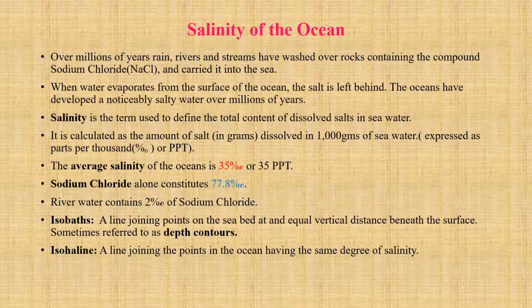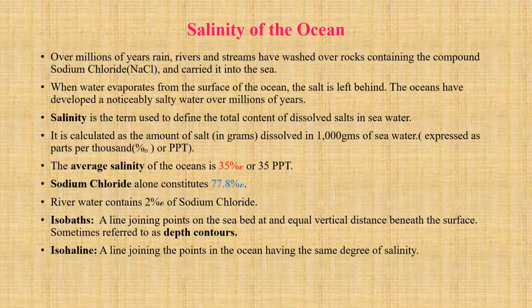Have you observed this symbol? Don't treat this as percentage. It is parts per thousand. So you find two zeros after the slash. It shows that it is not percentage, it is parts per thousand. Simply we call it PPT.